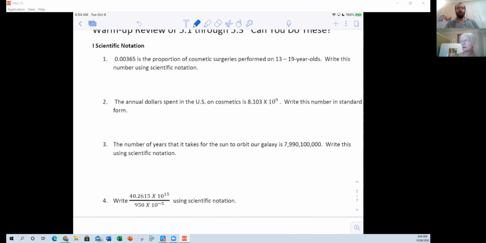If you want to pull them up, you can. So I want you to do those 4 scientific notation problems. And then Chris, I'm going to call on you for the first one, and Aurora, you for the second one, and Timothy, you for the third one, and Hunter, you for the fourth one.